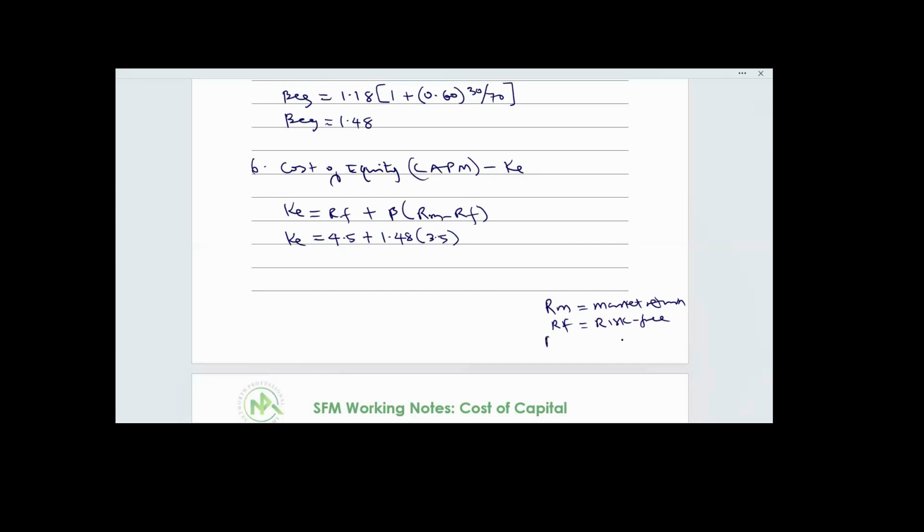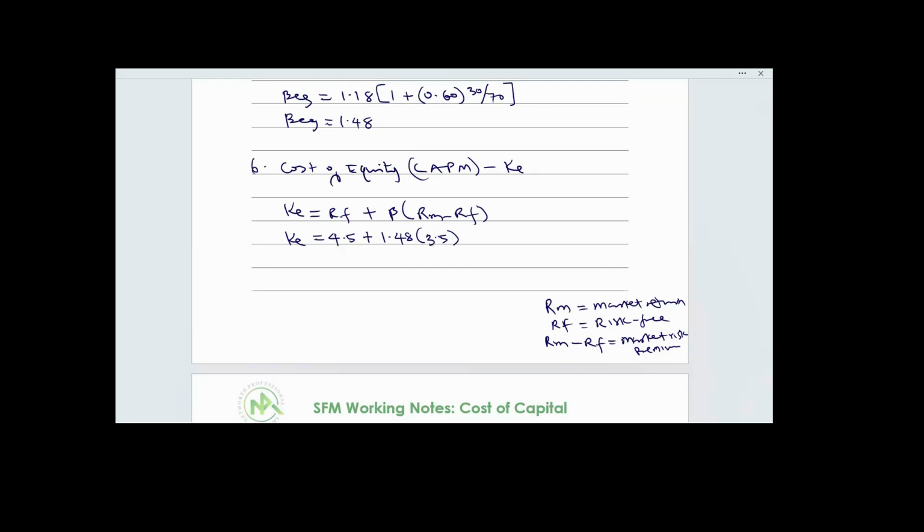The difference between market return and the risk-free rate of return is called market risk premium. In this question, you are not given market return, but the examiner has already given you the difference between market return and the risk-free rate of return, which is 3.5%.